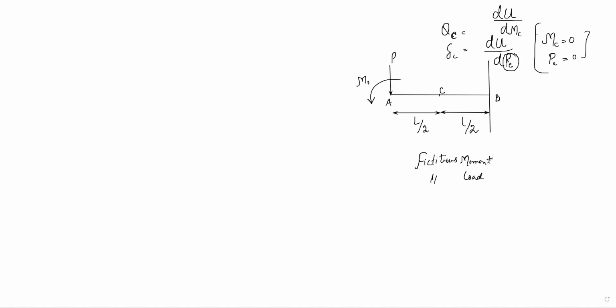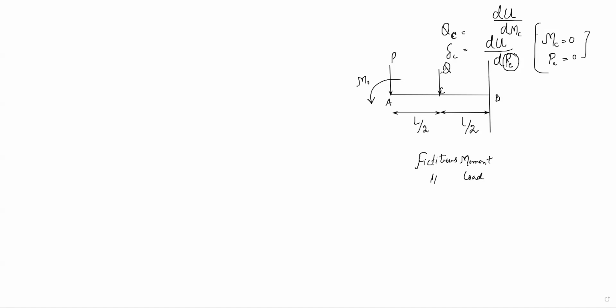Let's assume that at point C we have a concentrated load acting. First, for deflection, let's call this load Q. But this load is a fictitious load. It does not act anywhere.